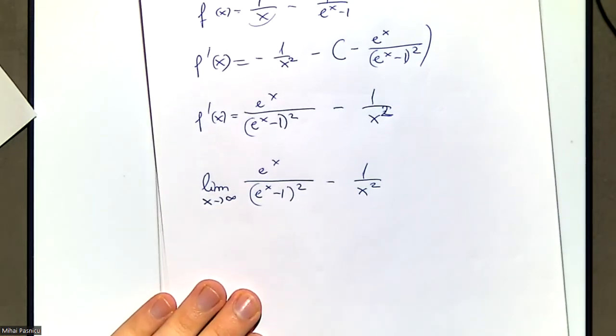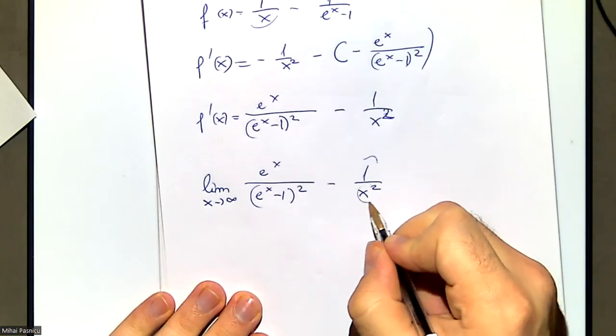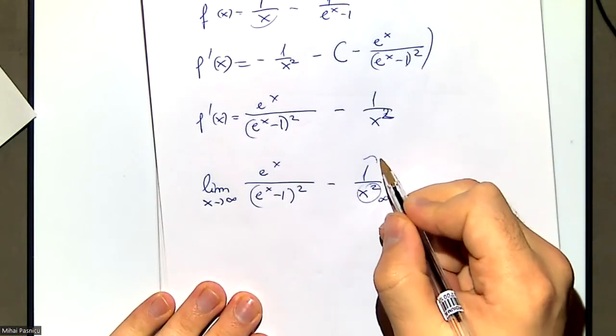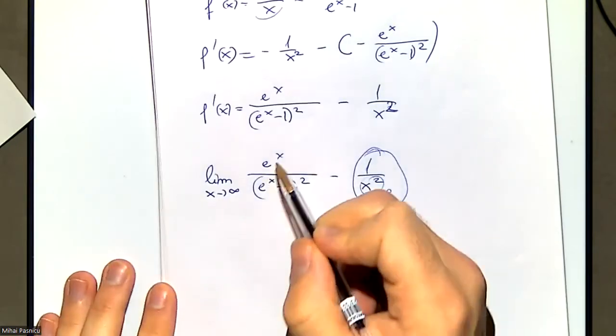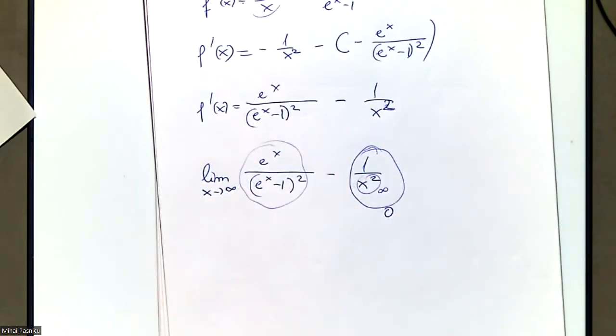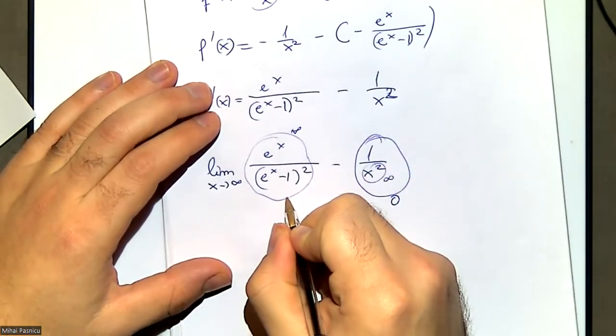Well, we're going to use the exact same logic we did before, which is x goes to infinity, x squared obviously goes to infinity, so this goes to 0. That's good. But what does this thing go to? Because in this case, I'm going to have infinity over infinity.